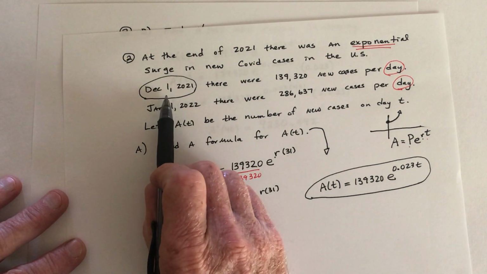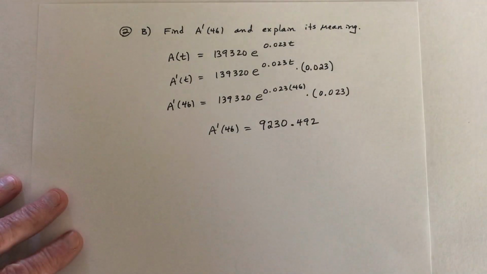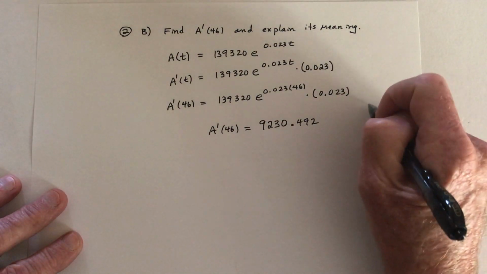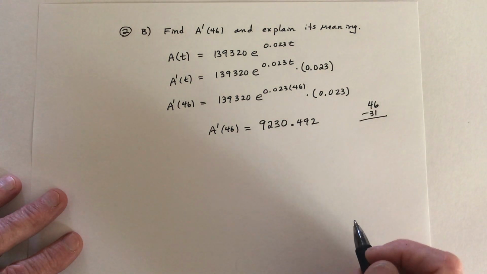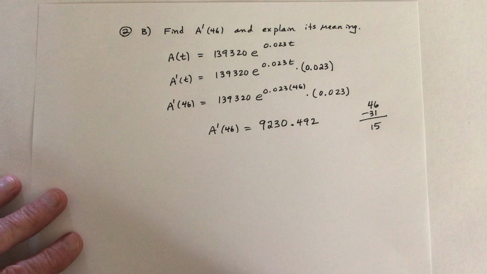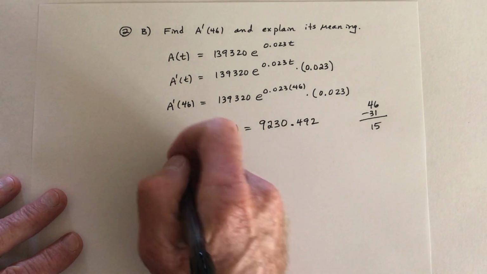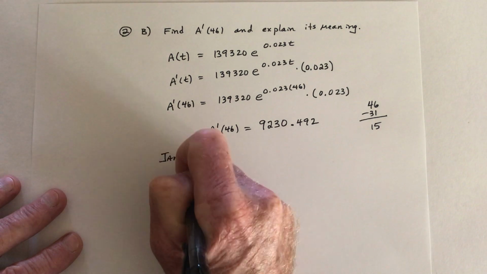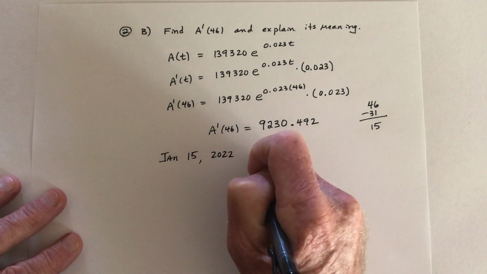And since December has 31 days, if you take 46 days and subtract December, then that's going to leave 15 extra days. So that means that this is the 15th of January. So January 15th, and that's 2022.